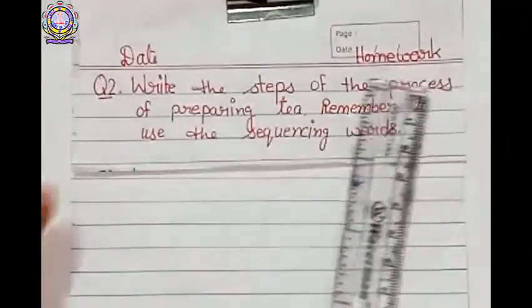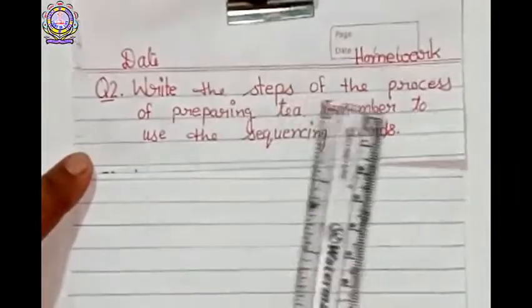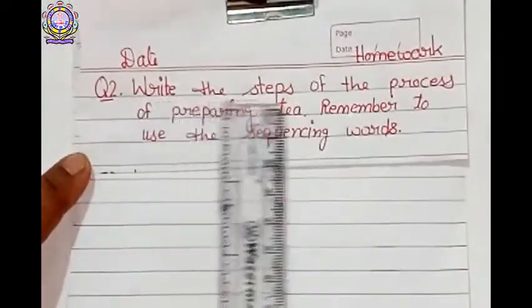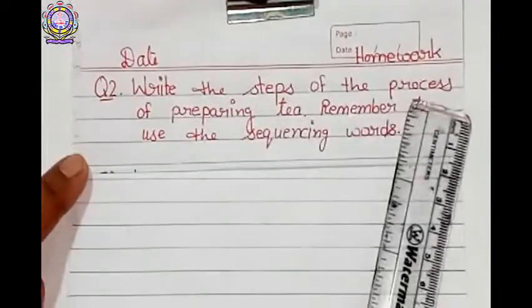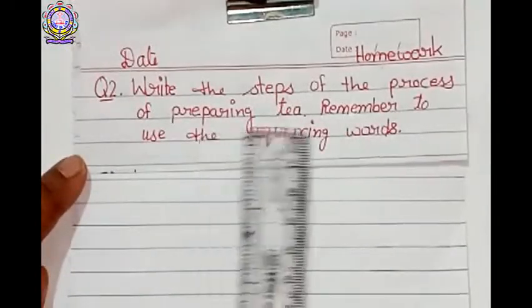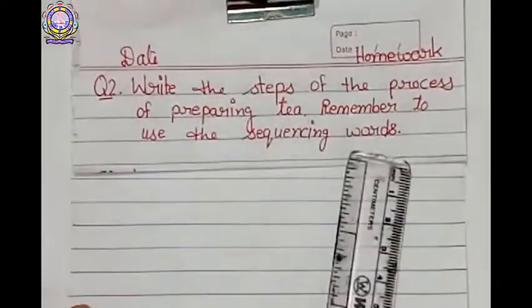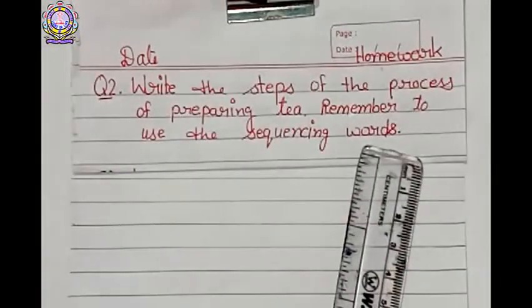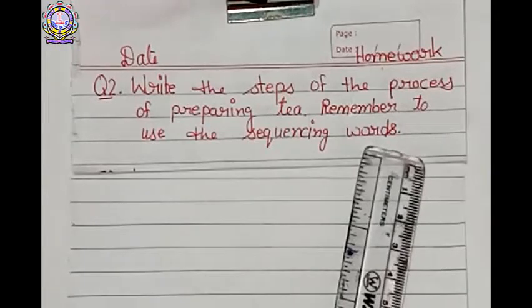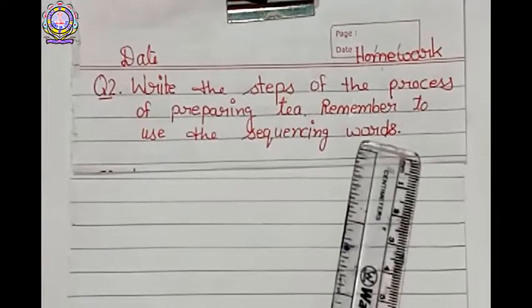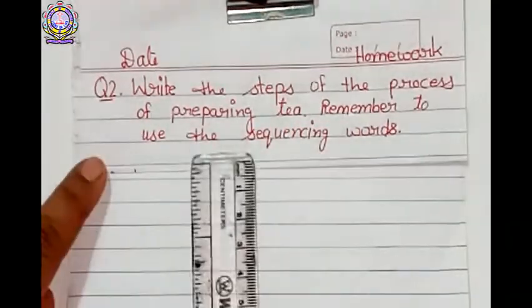Date, homework, this one you have to write by yourself. Okay, question 2, write the steps of the process of preparing tea. Remember to use the sequencing words. Which sequencing words did I tell you? First, then, later, finally. Okay, like these words you have to use.